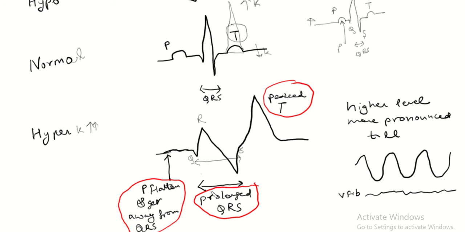That's the second change with hyperK. The third change, you see the P flattens out and goes away from the QRS complex. So you see here the P is flattening out and going away from the QRS. So these are the three changes. The biggest, most high yield change you're going to see is peaked T waves.